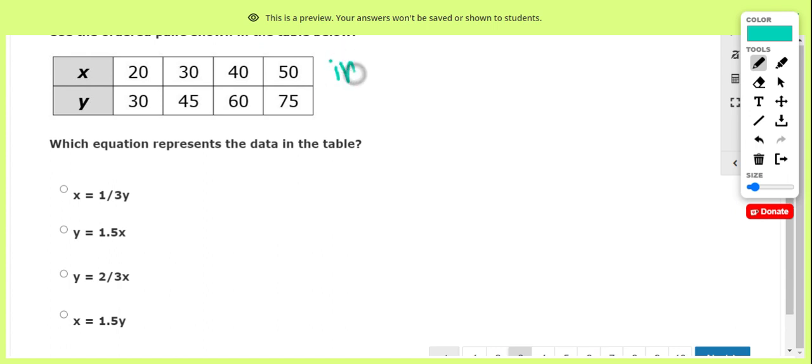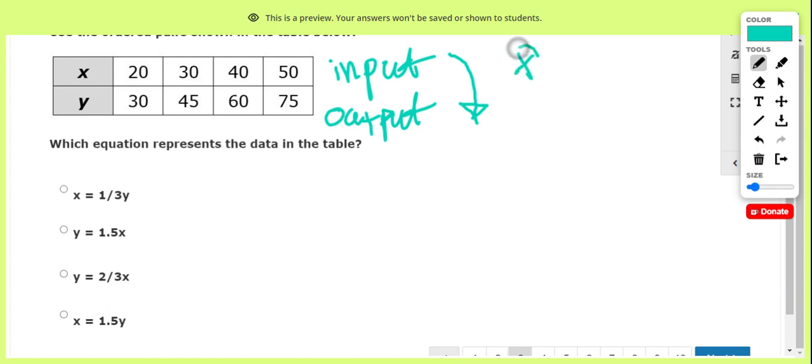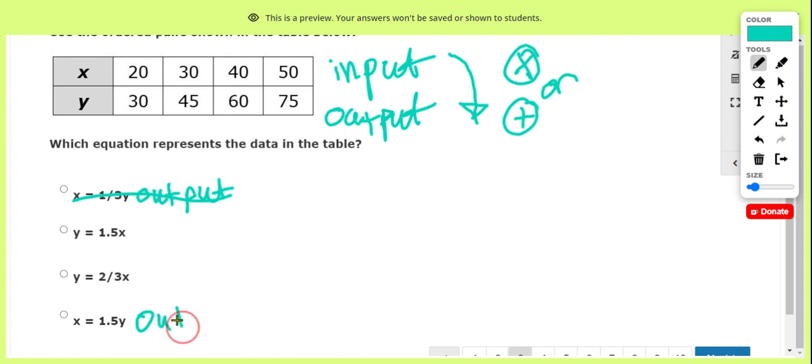So you're going to look at your input and your output. And you're going to ask, are you multiplying or are you adding for the rule? So this is your output, y. So that is backwards. And this is your output. Y is not going to go over here.